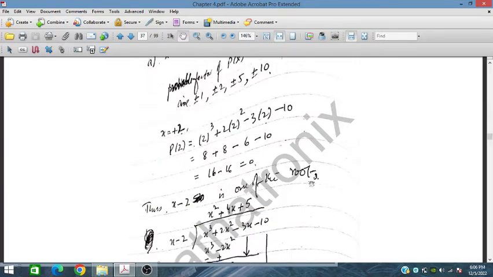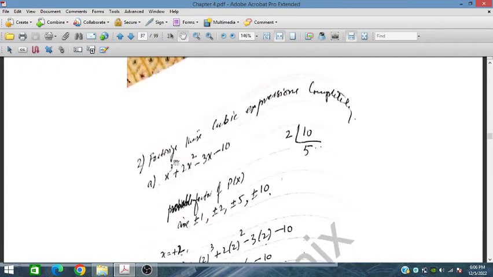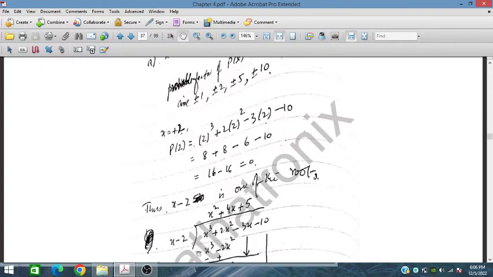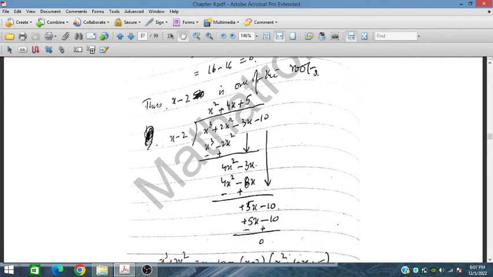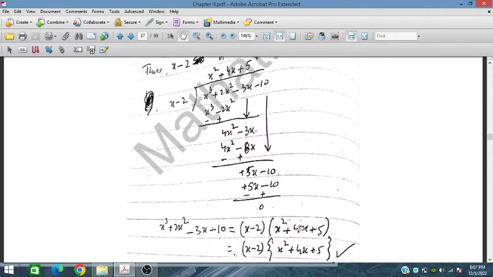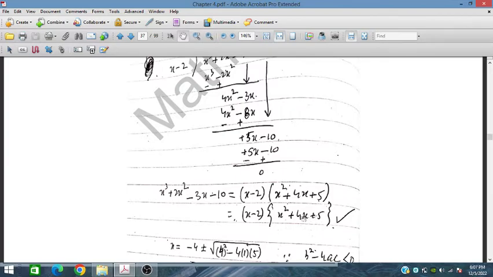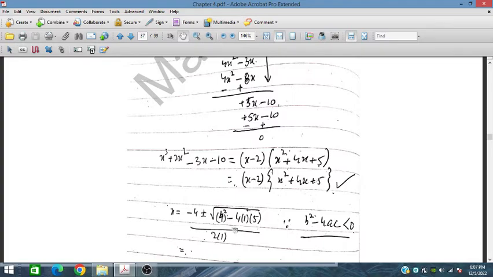So x minus 2 is one of the factors, so we will divide this polynomial by x minus 2, and by dividing this we have obtained this quotient. So the product of this x minus 2 and this quotient is this polynomial. We can further factorize it, but here we can see that this is not possible, because the discriminant is less than 0, so here we will obtain some imaginary results.